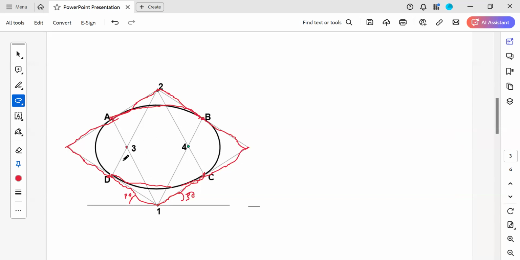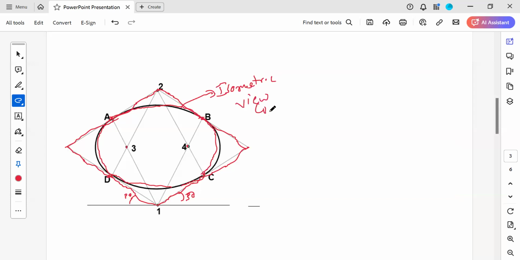With this one as a center, you draw D to A, and join B with 1 and C with 2, and you will get the fourth intersection point. With this one as a center, you draw one arc like this. Now you will get the isometric view of the circle.